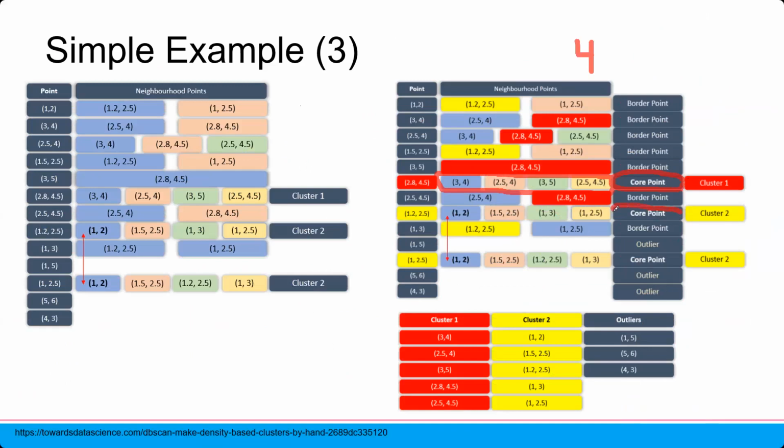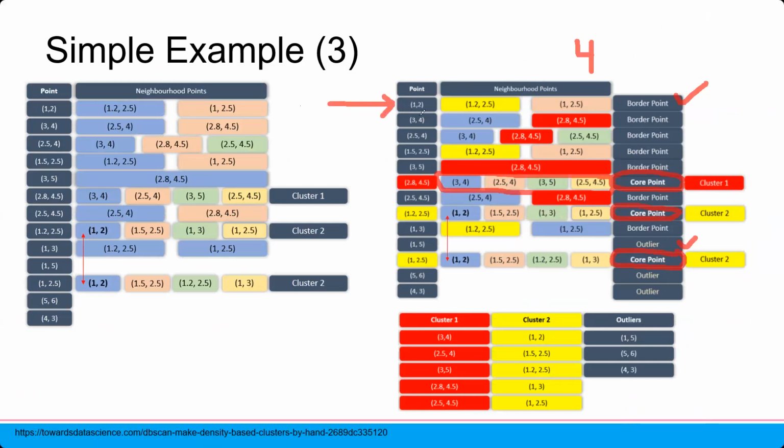This is another core point, and this is another core point. And then let's look at the other possible points, whether it is a border point or an outlier. Now let's look at this one.